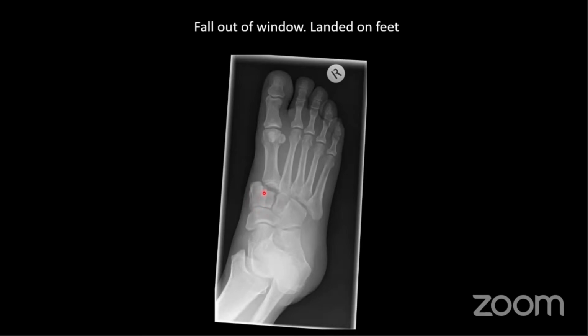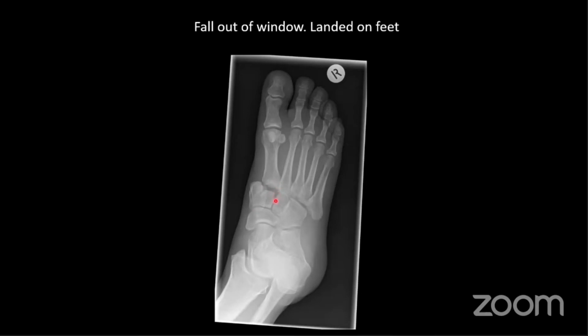And then looking at the alignment, the first metatarsal isn't aligned with the medial cuneiform. So you can call it a fracture dislocation of the first tarsometatarsal joint. But the eponymous name for this is a Lisfranc injury.